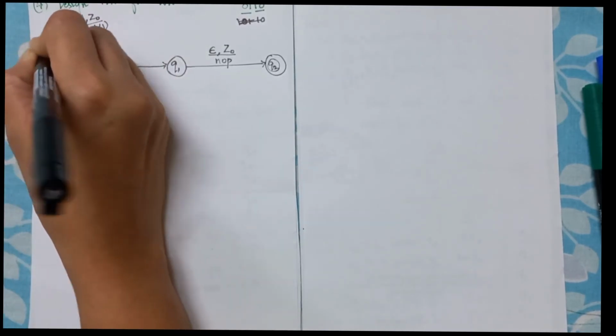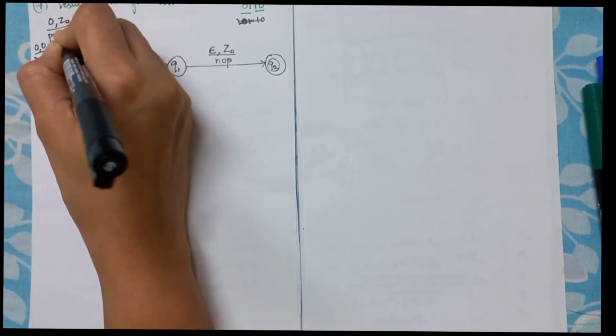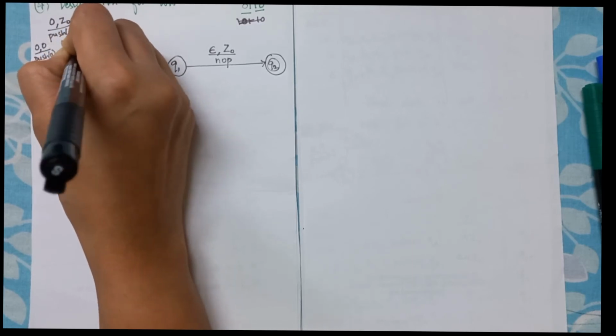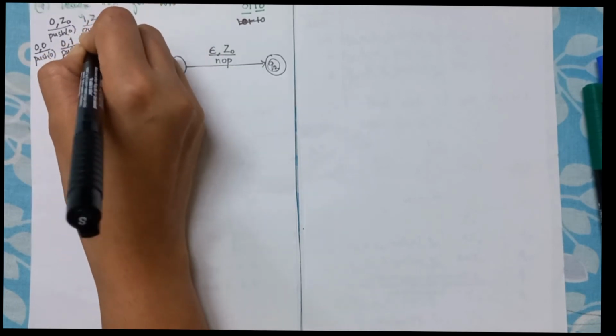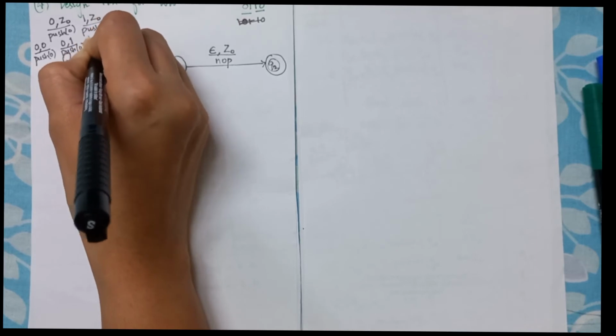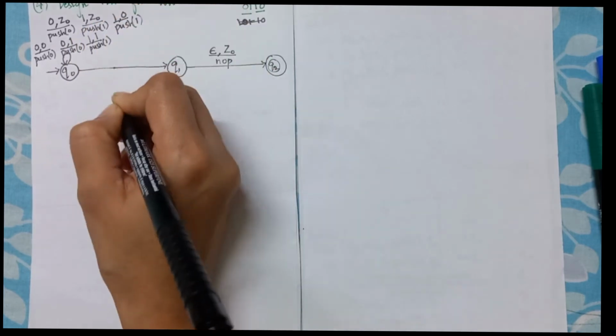I can have 0, 0, then also push of 0. 0 can be after a 1 also. So again push of 0. 1 similarly can be after a 1. So 1 and 1 will also give me push of 1. And the last one, if I get 1 with a 0, that will also be push of 1.